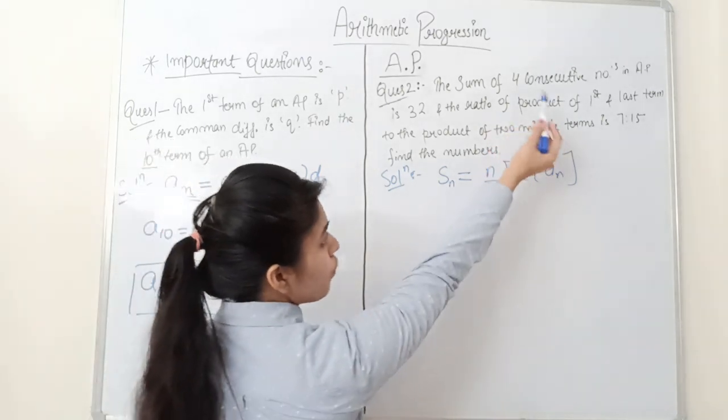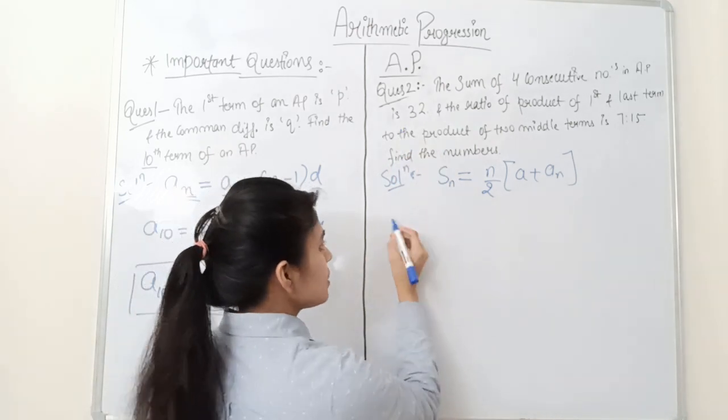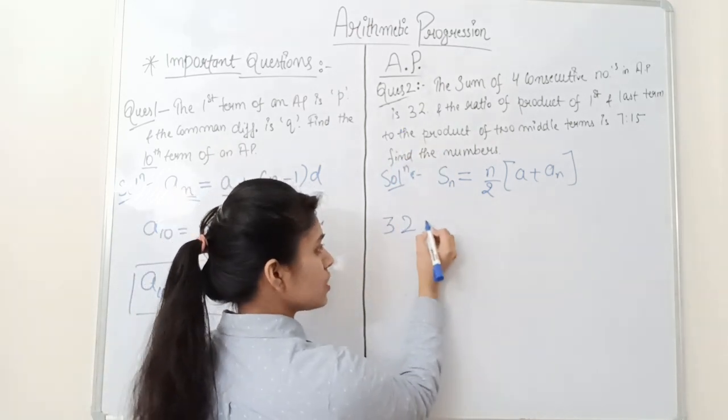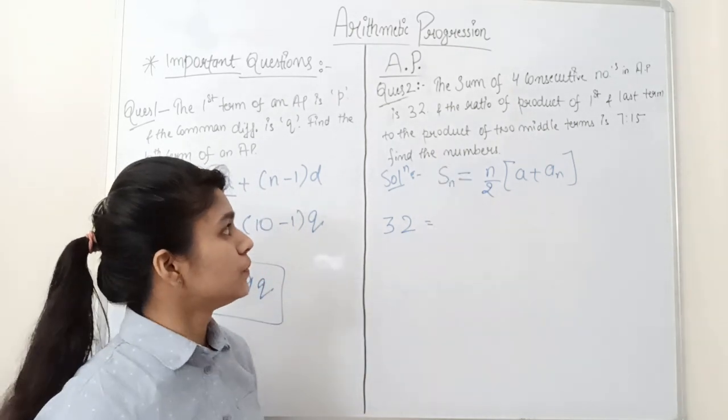The sum of 4 consecutive numbers in an AP is 32, and we have to find the numbers.